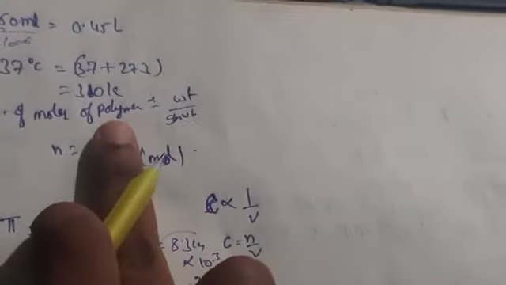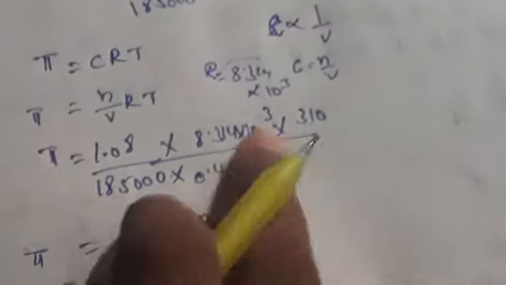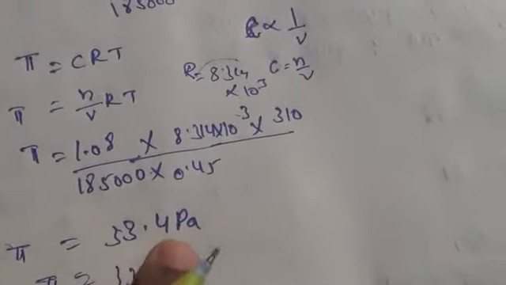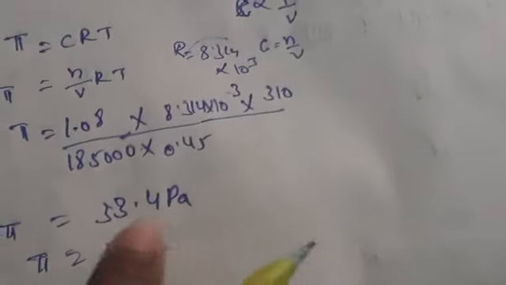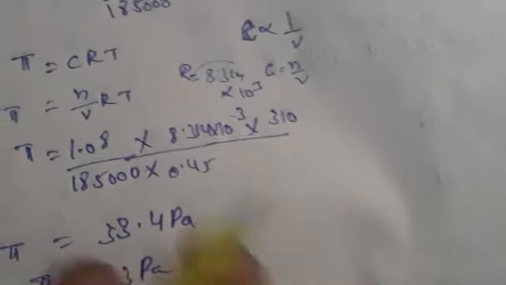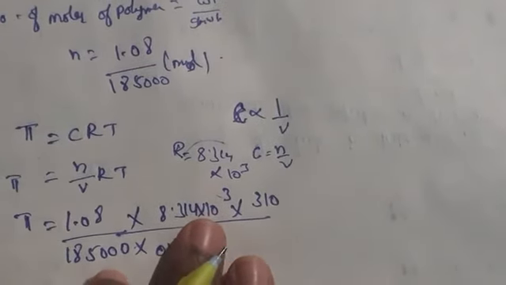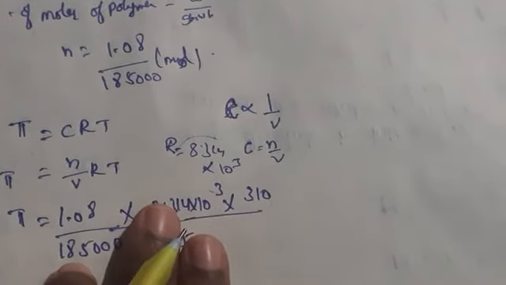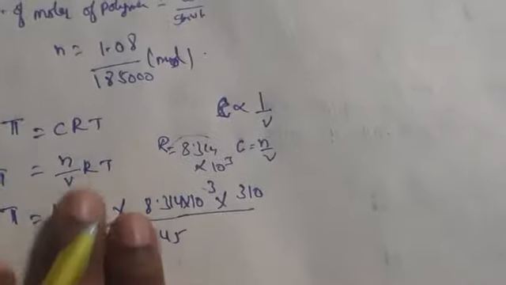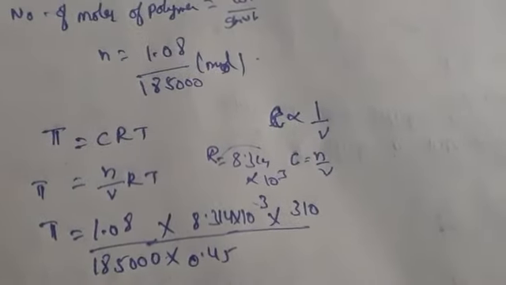The temperature we have got is 310. By calculating all this we are getting 33.4 pascals, so approximately we are taking 33. So this is about the problems of osmotic pressure, depression in freezing point, and elevation in boiling point. These three are the problems on how to calculate. Thank you. Tomorrow I'll explain in the next class.